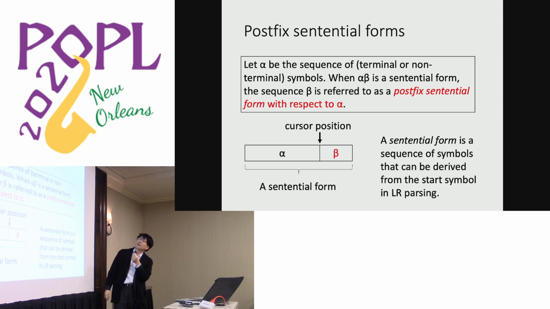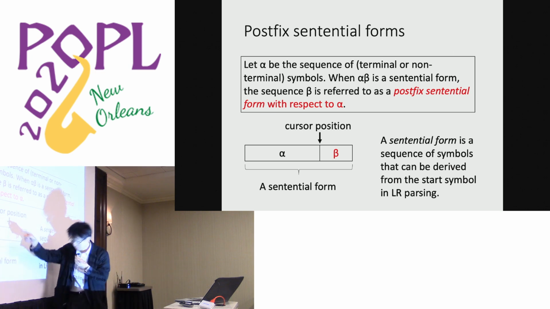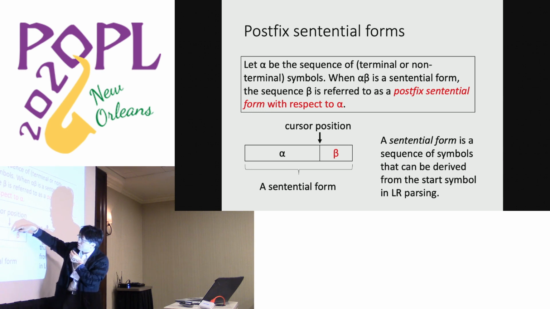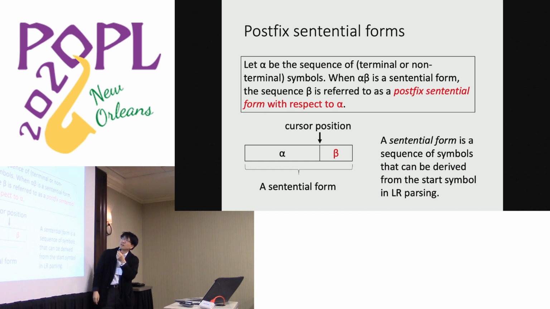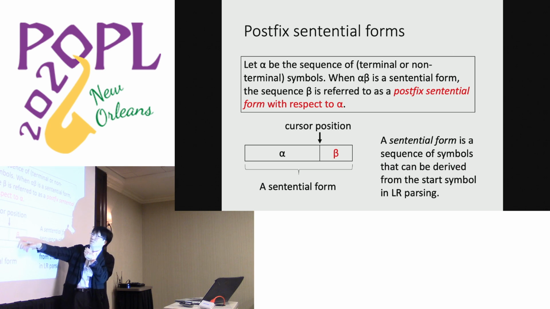And then, suppose here is a cursor, and alpha is some sequence of symbols. Then we'd like to specify some remaining part which is not being input yet.